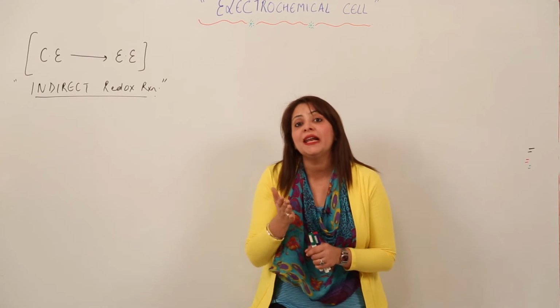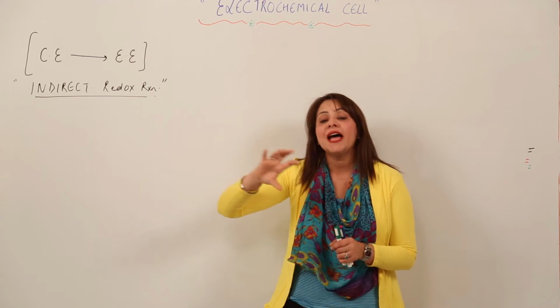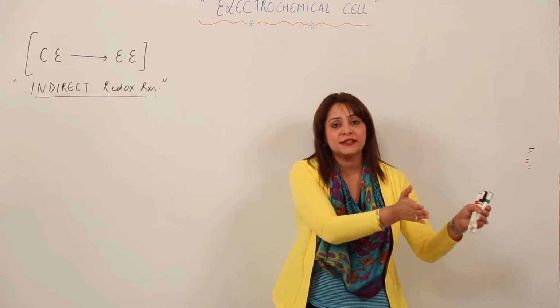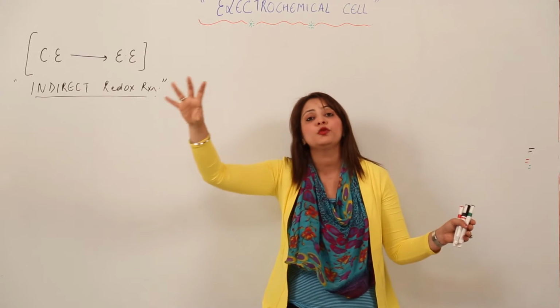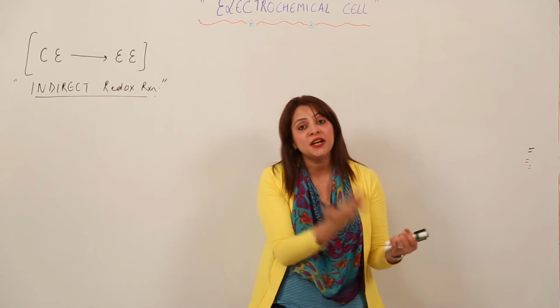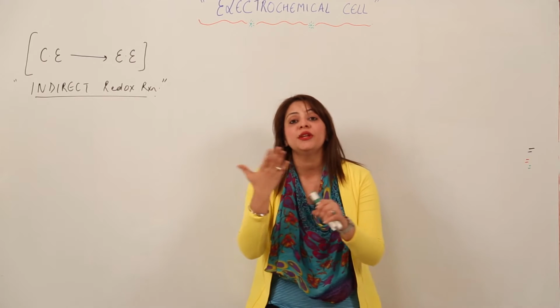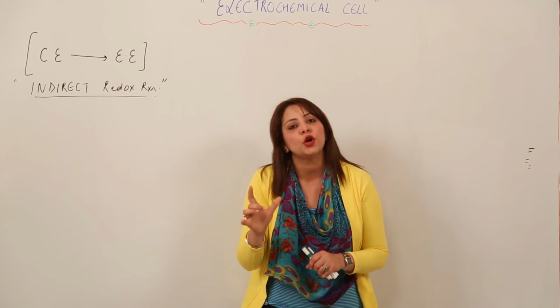But when we allow the electrons to travel a certain distance, if there is some atom which is losing an electron and these electrons are made to move through a certain distance, then they constitute a current. That means the chemical energy is converted into electric energy, and that type of redox reaction is called an indirect redox reaction.